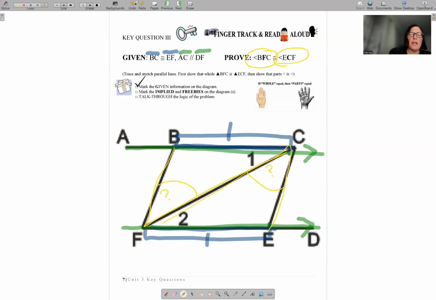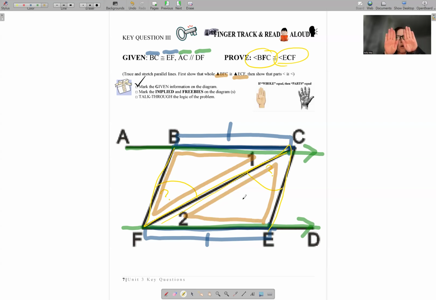So instead, your ambition is to explain how this triangle, BFC, is congruent to the other triangle. And then if you can get the whole triangle equal, then you can say the parts are equal. So we already have our given.